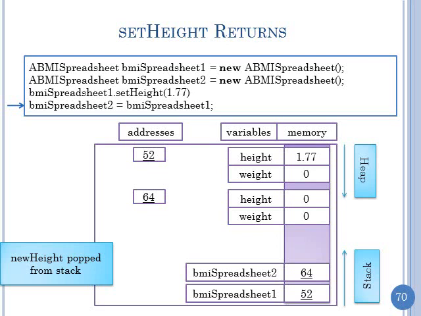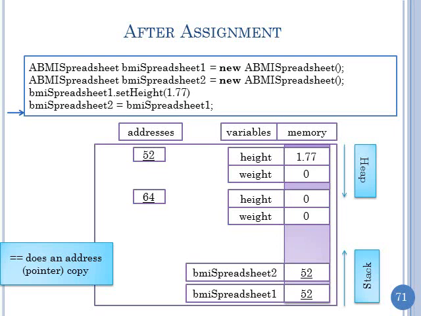So when is garbage going to be created? So in this example, do you see garbage being created? Where is it? When BMI spreadsheet 2 is given the same address as BMI spreadsheet 1. So I just took BMI spreadsheet 1, assigned that to BMI spreadsheet 2, and what happens? They both point to 52.